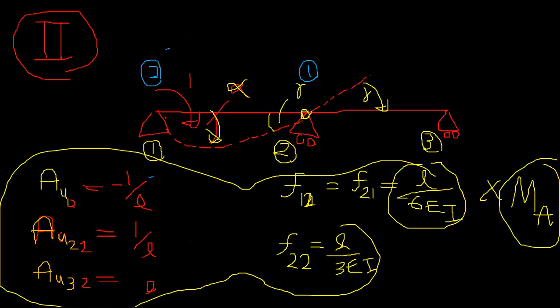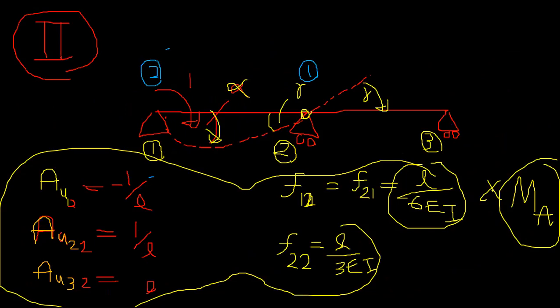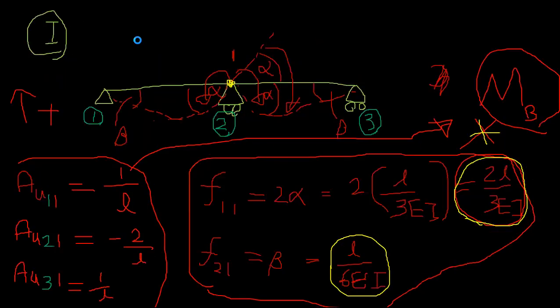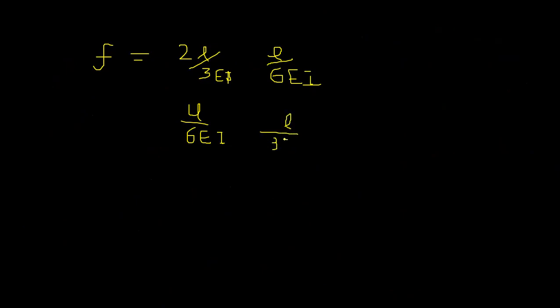So the F inverse is, F11 is how much? 2L over 3EI. So you can take it out. L over 6EI. L over 6EI. L over 3EI.